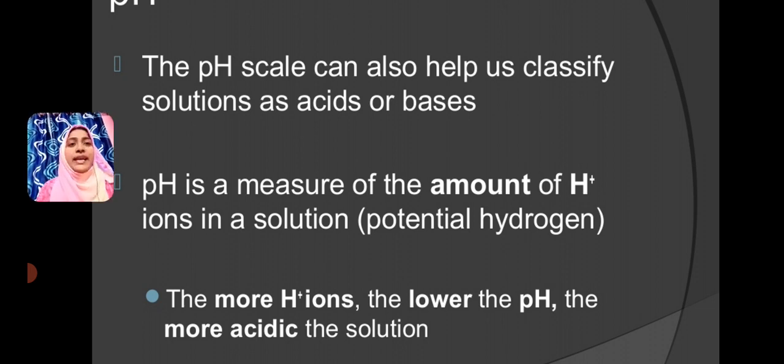So, the pH scale can also help us classify solutions as bases and acids. pH is a measure of the amount of hydrogen ions in a solution, and it is considered as the potential of hydrogen. The more hydrogen ions, the lower the pH and the more acidic the solution.